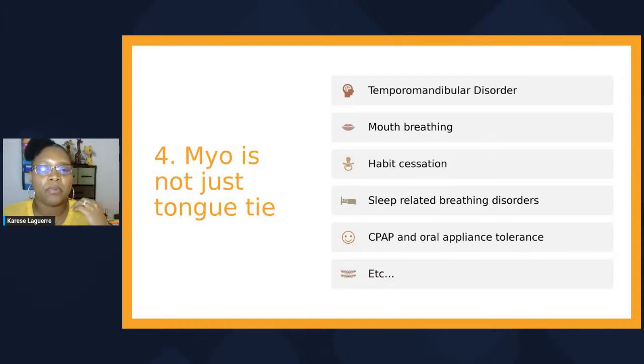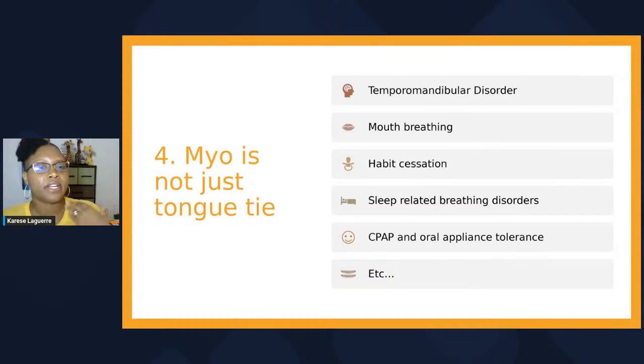We are able to help people who are suffering with TMD, who have mouth breathing, who have habits that they need to get rid of: tongue sucking, thumb sucking, nail biting, cheek biting, all sorts of oral habits that are negative in nature. We are able to help facilitate those parafunctional habits, such as the bruxism. That's absolutely something that myofunctional therapy is able to help with.